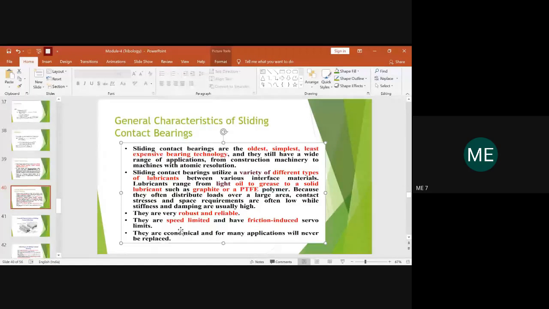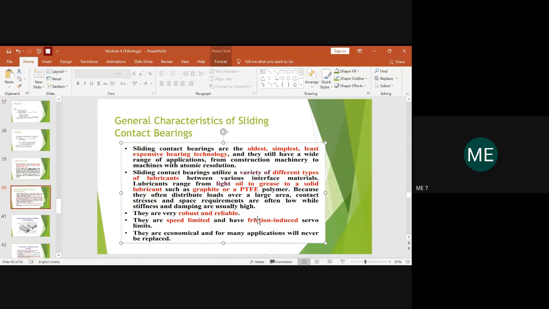And lastly, what about the speed? These have constraints on speed. They are speed limited, and they have friction-induced limits. Why is it speed limited? Because we don't want to go to a higher extent where the friction will be induced to a higher range of values, and hence the design itself is constrained in such a way that it does not allow a high amount of friction to be induced across a contact area.